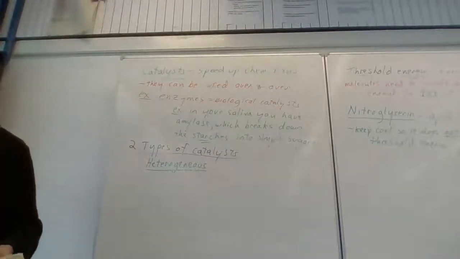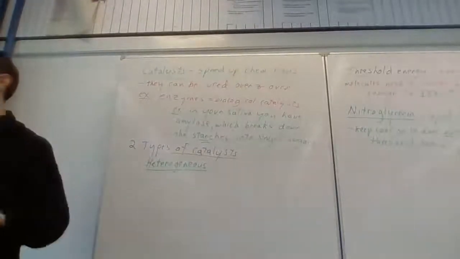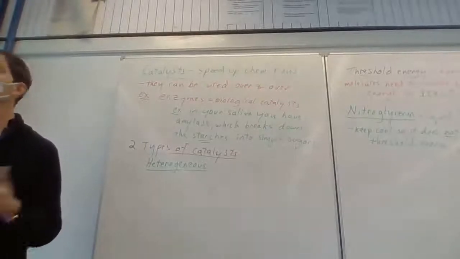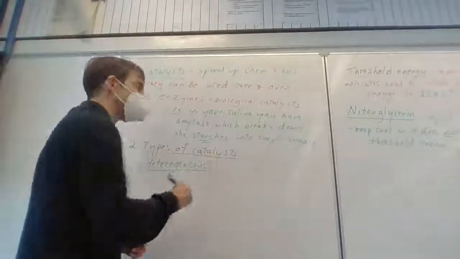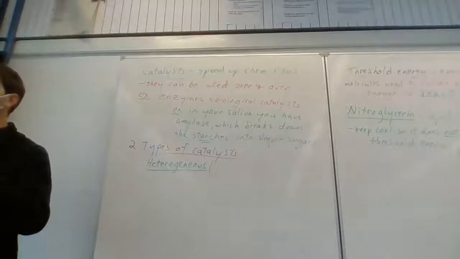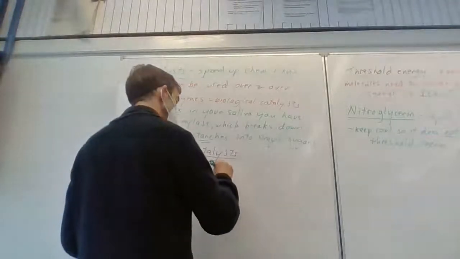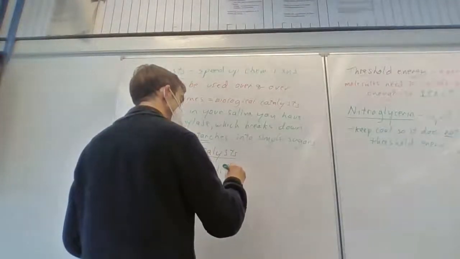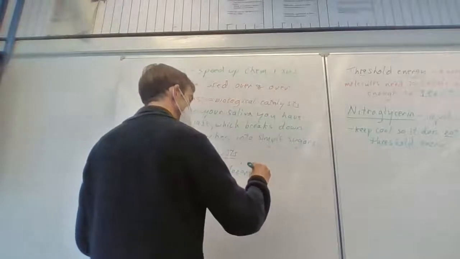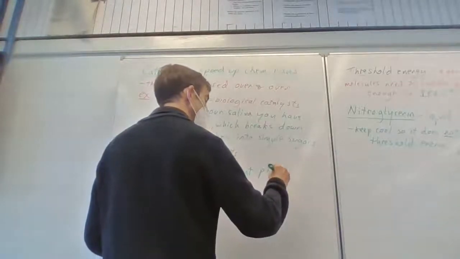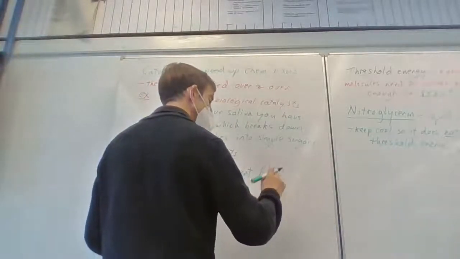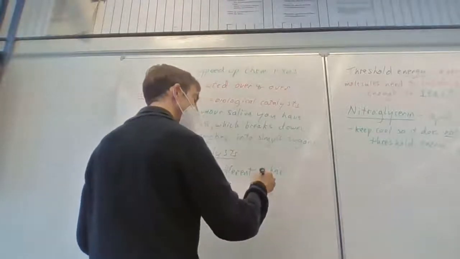Good. And what it means, well, what does hetero mean? Hetero means different. So it's a different phase than what it works on. Different chemical phase than what it works on. And remember, phase is solid, liquid, or gas.